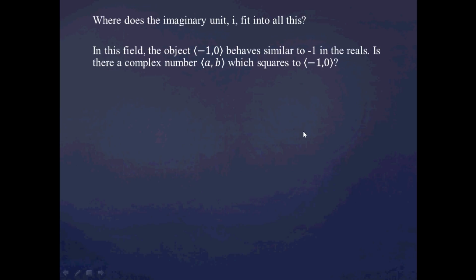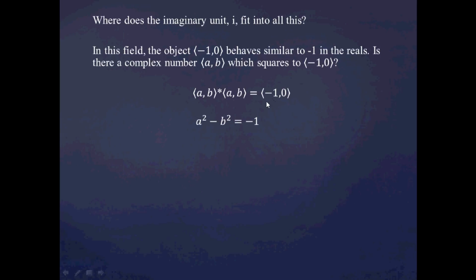So what we're going to ask in answering this question, where does the imaginary unit fit into all of this? Is there a complex number (a, b), is there some object (a, b) which squares to (minus 1, 0)? And notice this is essentially asking the question, is there some object which squares to minus 1? So we're looking for this number (a, b) such that when I square or multiply by itself, that gives me (minus 1, 0).